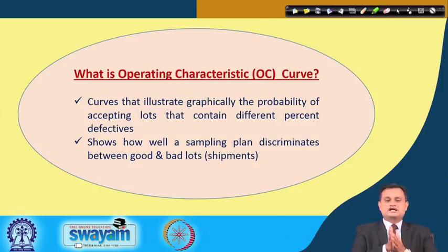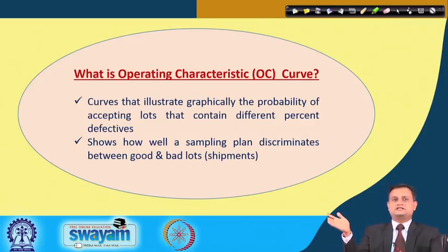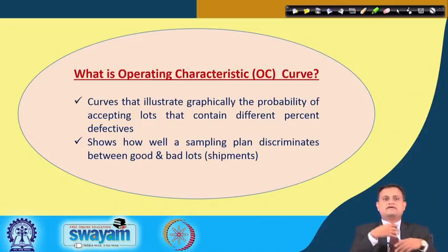The curve that illustrates graphically the probability of accepting lots that contain different percent defective, the discriminatory power, is basically the operating characteristic curve for acceptance sampling.